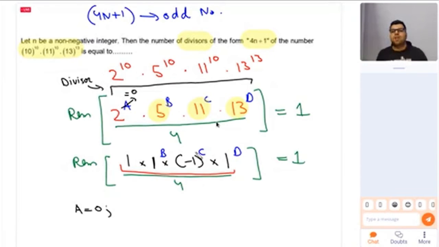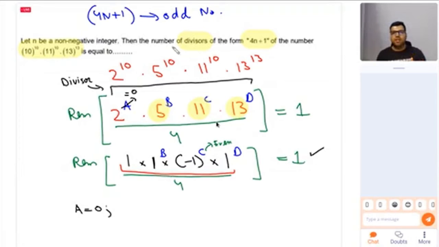This thing has to be even. C has to be even. Only if C is even, then we'll have minus 1 raised to power something even, which will give us 1. So the numerator will become 1, and finally the remainder we get will be equal to 1.